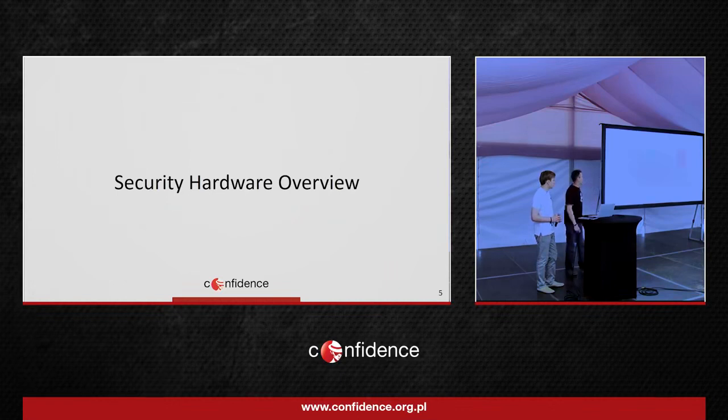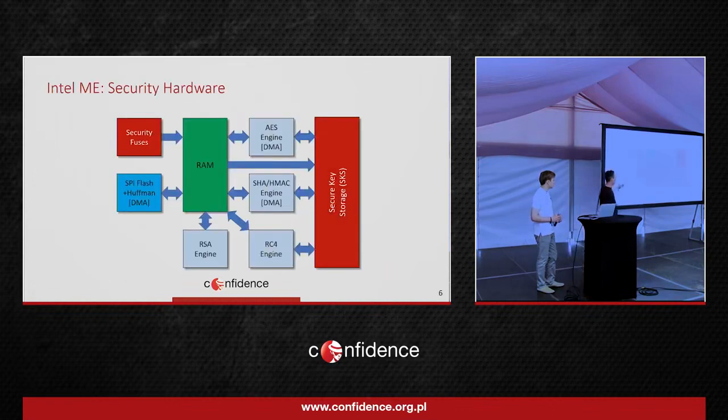And there is a simplified picture. We have many special devices that are required for security and actively used by Management Engine. This part of random access memory is controlled by Management Engine. It's not accessible from the central processor. It's internal memory.